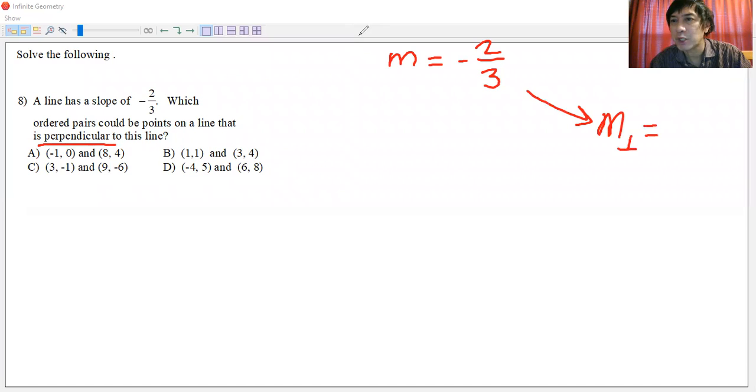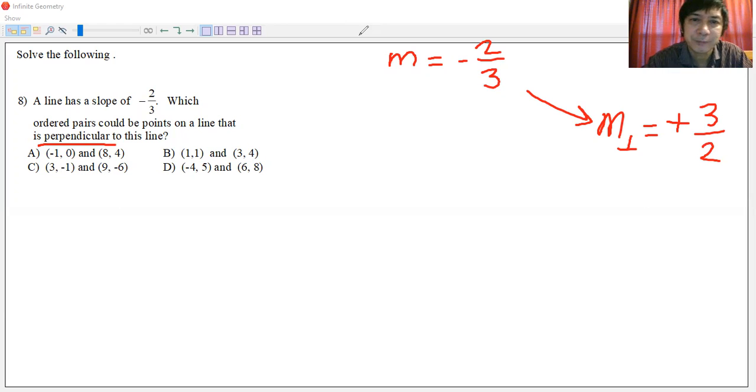That should be the negative reciprocal. From negative, we will negate that, it becomes positive, and the reciprocal of 2/3 is 3/2. So we shall try to come up with a 3 over 2 using these points. Whichever gives a 3 over 2 slope, that's the answer.